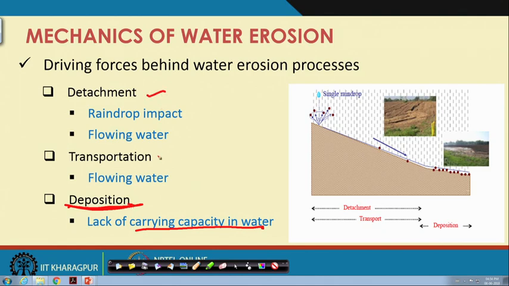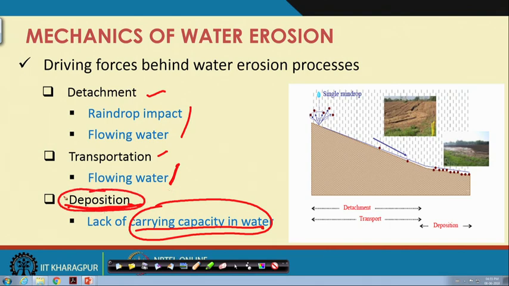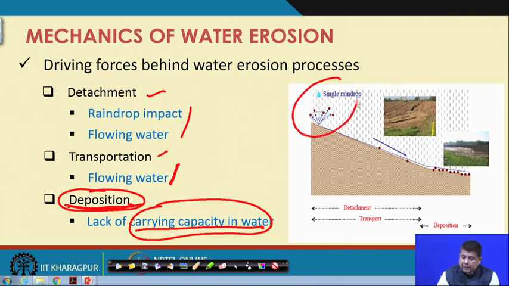So, for detachment and transportation, raindrop impact and flowing water are responsible, and when the carrying capacity of the flowing water reduces to a large extent such that it cannot further carry the detached soil particles, the soil particles get deposited. If you look at a hill slope once again, and imagine a single raindrop hitting the soil surface, soil particles get splashed everywhere, and obviously there will be loose soil particles available on the surface all around.